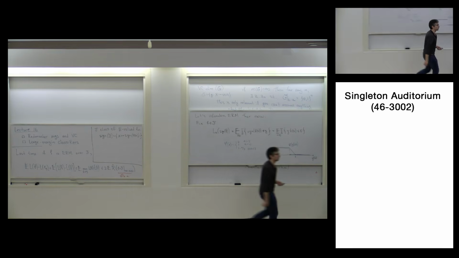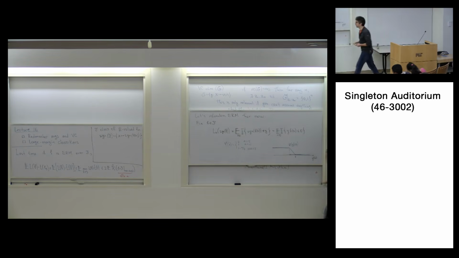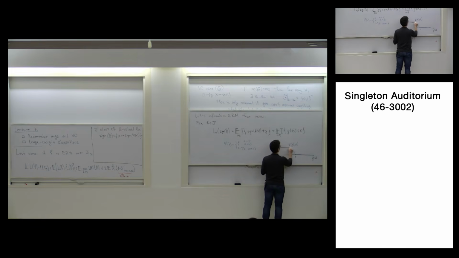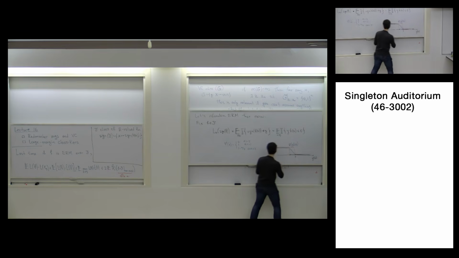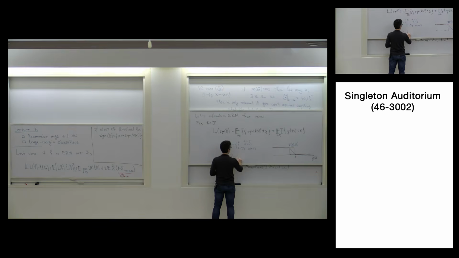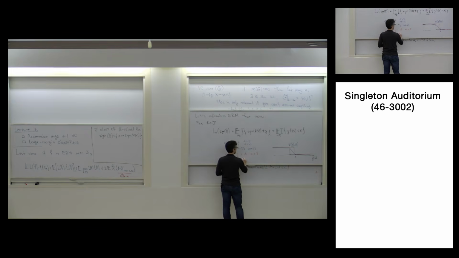So I'm going to introduce one more surrogate, which is the psi, and that's going to go like this. Okay, so psi of a is 1 if a is less than gamma, and 0 otherwise.